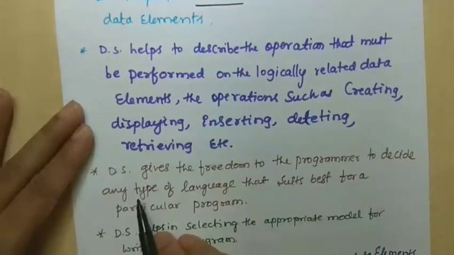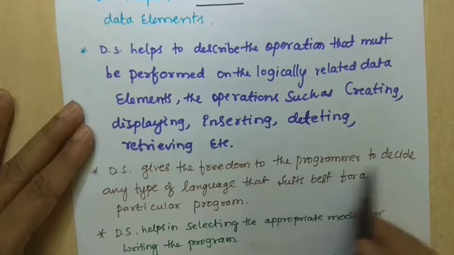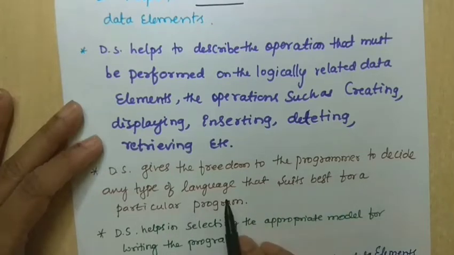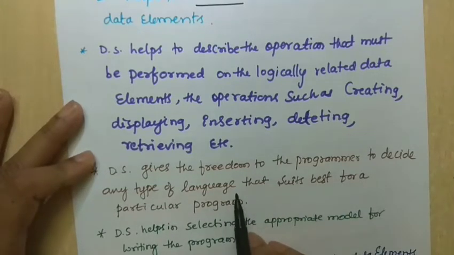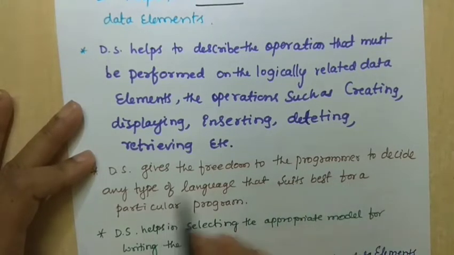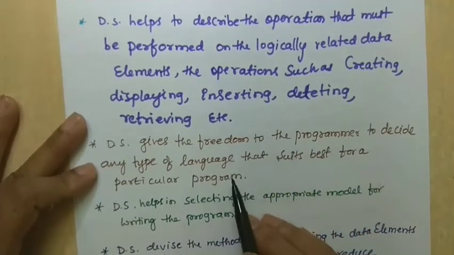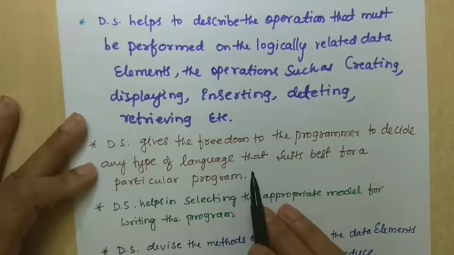Data structure gives the freedom to programmers to decide on any type of language. I can write the programs using C, C++, Java, .NET. I can use any language to execute these algorithms.